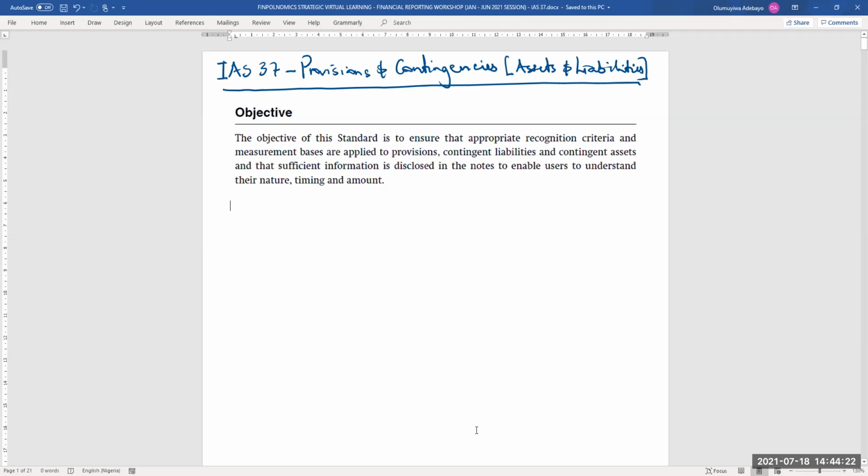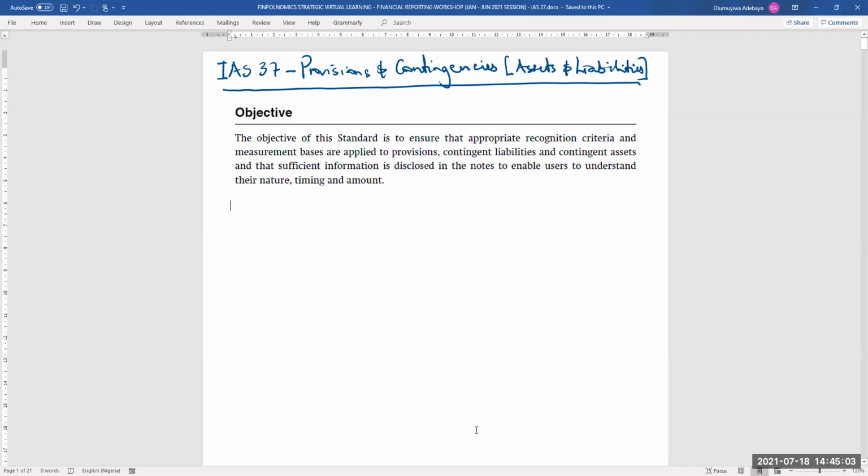As I've said earlier, the standard governs all forms of provisions and contingencies that need to be accounted for or disclosed in the financial statements. But the exclusions or exceptions to that rule border on two things. One, if the provision has been addressed by any other standard, in that situation you cannot make use of IAS 37.